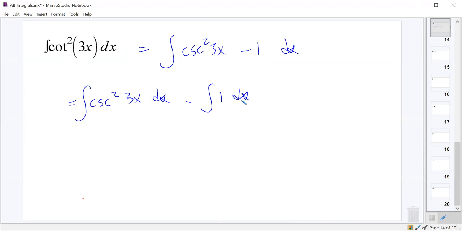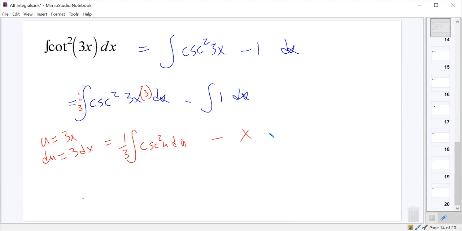Well, this one's pretty easy to do, right? But what do I need to do with this one? I need to let u equal 3x, and du is 3 dx. So we'll put in a 3 and a 1/3 and get 1/3 the integral of cosecant squared u du minus, what's this one?